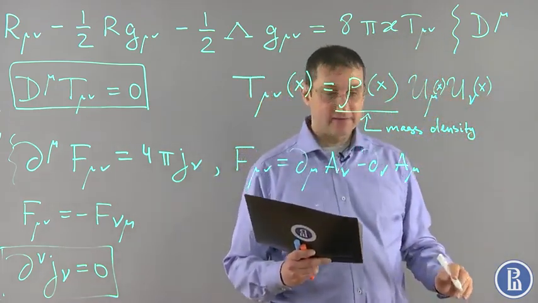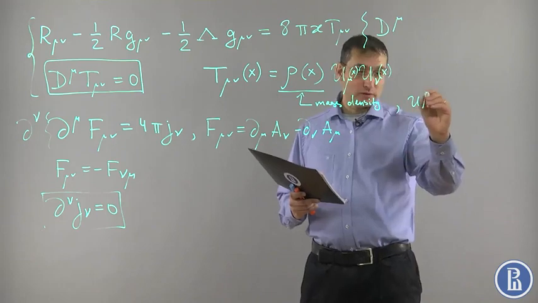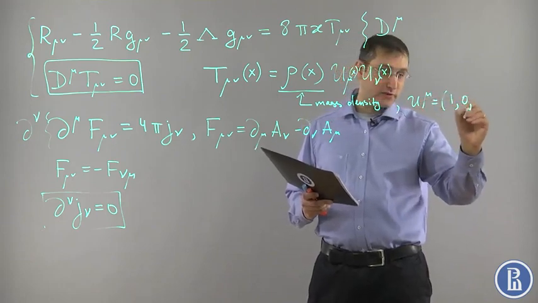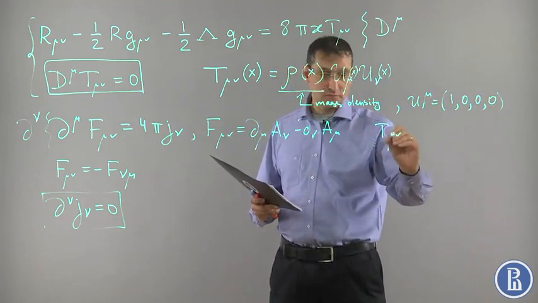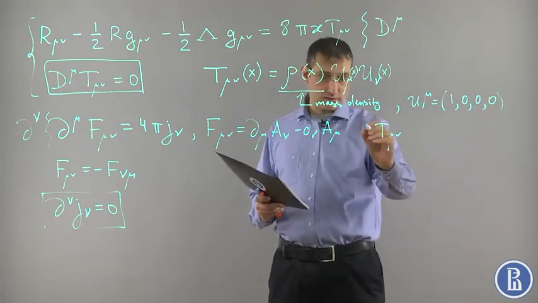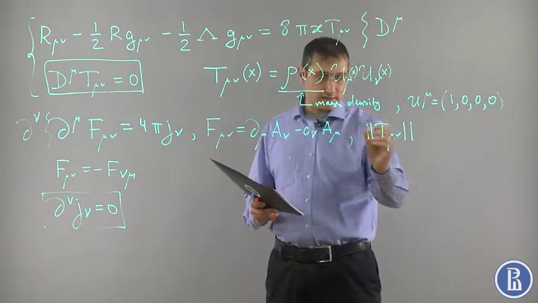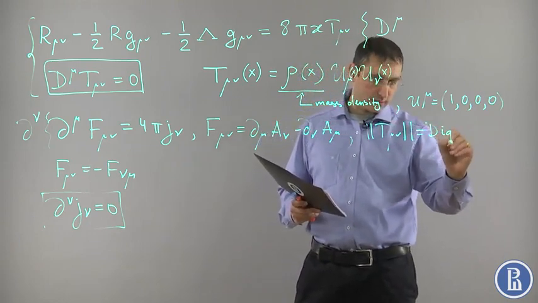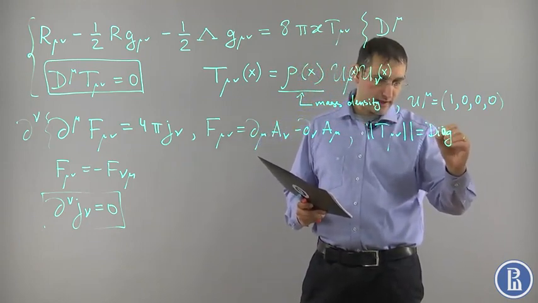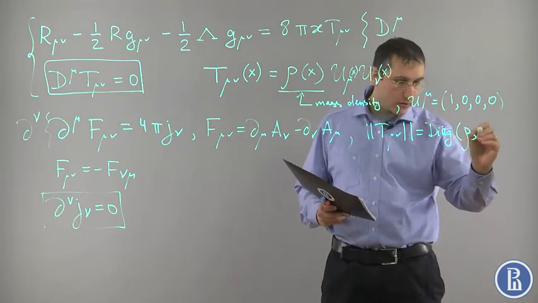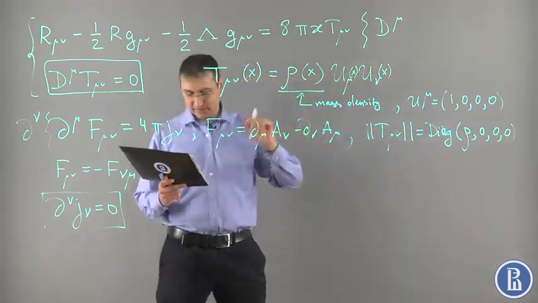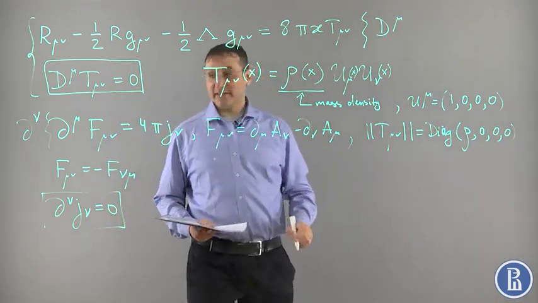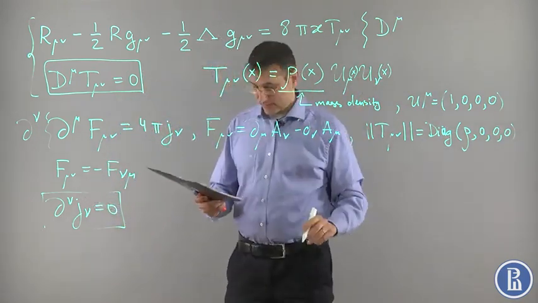So in the reference frame where u mu is equal to 1, 0, 0, 0, we have that T mu nu, as a consequence of this equation, as a matrix has a diagonal form. And moreover, it's not simply diagonal, it has only one non-zero component, rho. So just for the future. Now, let us apply this equation for this case.